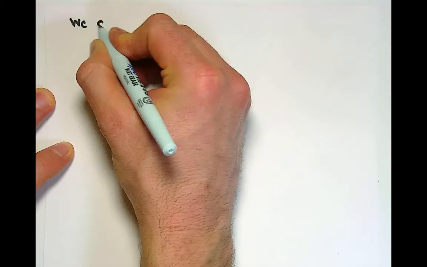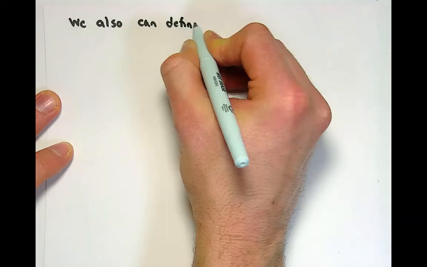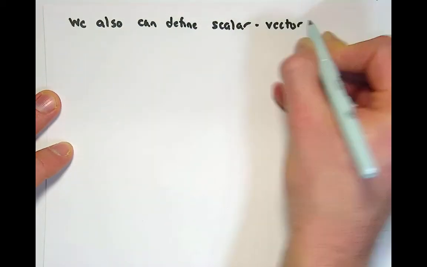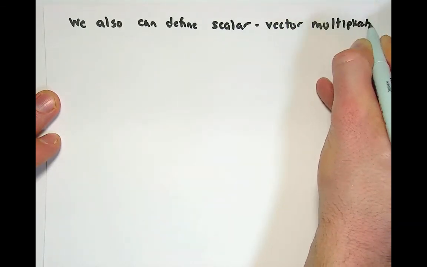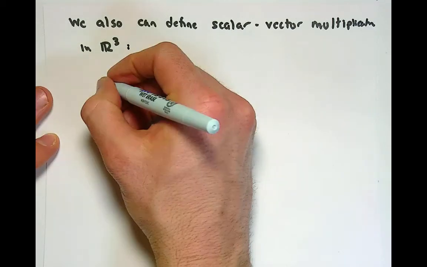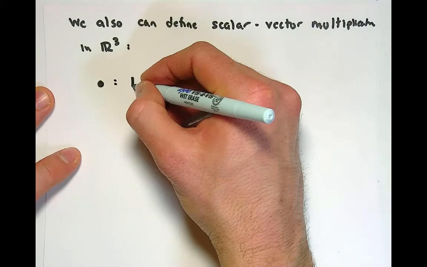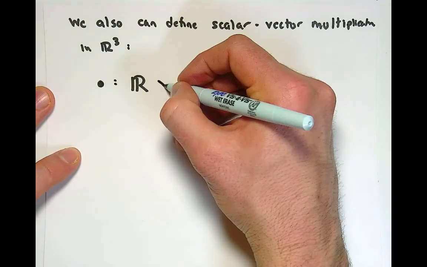Scalar multiplication is a similar generalization from R2. And we'll call it scalar vector multiplication. Scalar vector multiplication is going to be represented by a dot. It is going to be a binary operation. It's going to require 2 inputs.